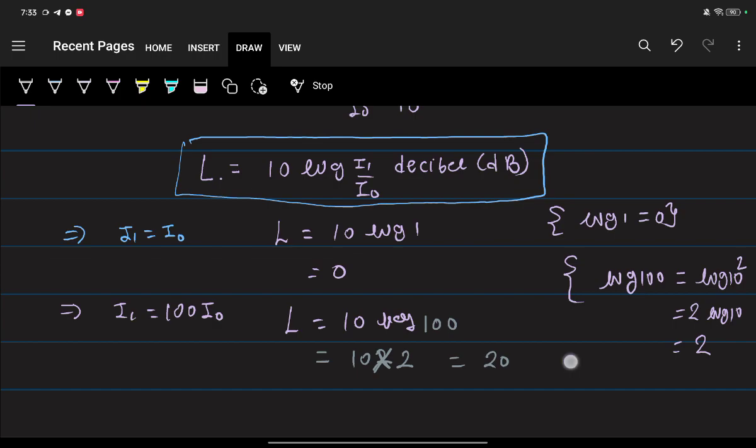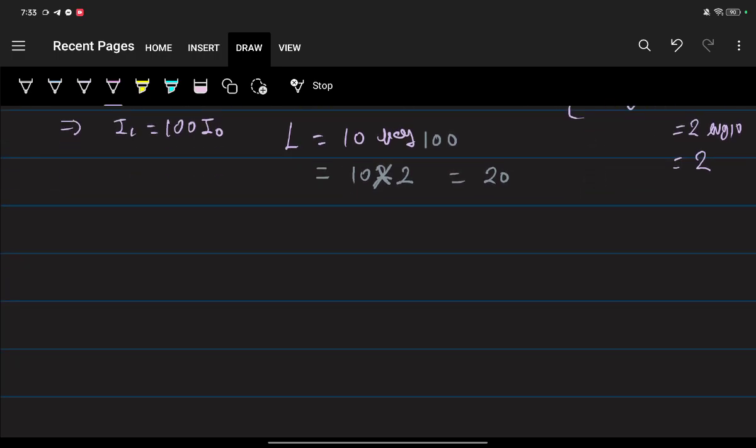So let's define 1 decibel properly, its scientific and pure definition.